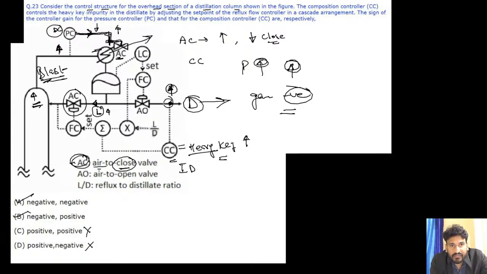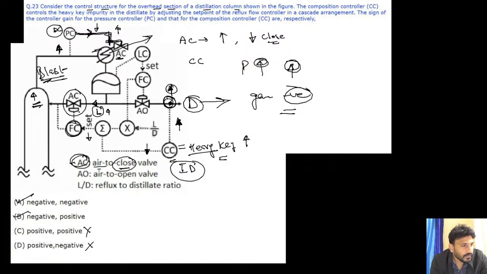Let's suppose the heavy distillate is increasing. Because it is indirect acting, the output is decreasing. That output decreasing means the set point will decrease. Set point decreasing means that FC will tell AC, okay, do one thing, close this valve.